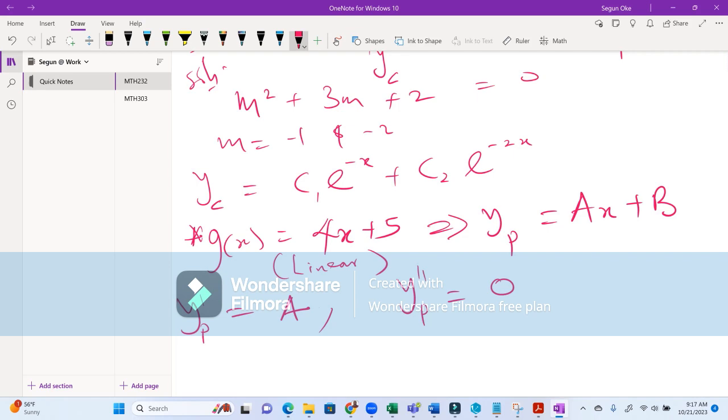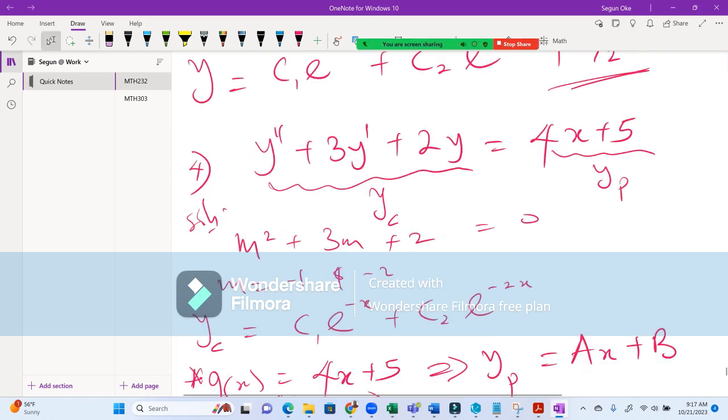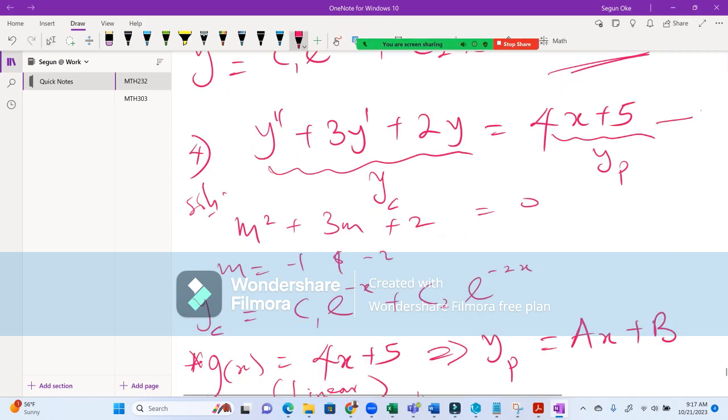Then let's go and form the equation. You call this one equation 1.